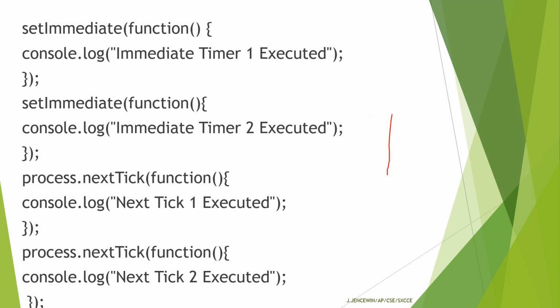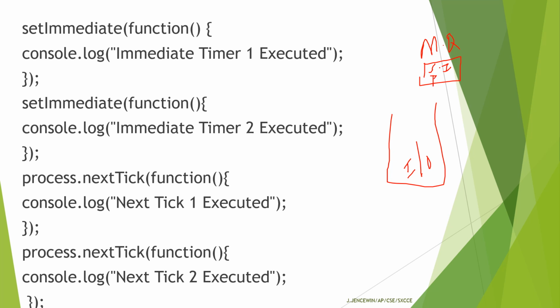So this is our event queue. Here we have first our IO call, and the setImmediate that is added to the micro task queue. This will contain the tasks that are executed after the current iteration. We have setImmediate and also process.nextTick.